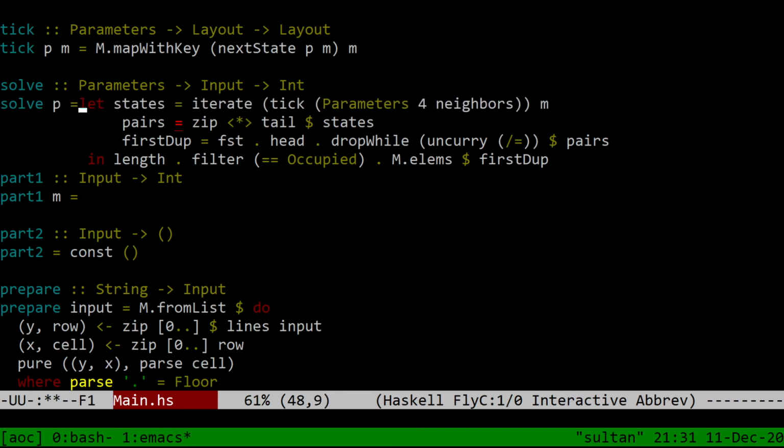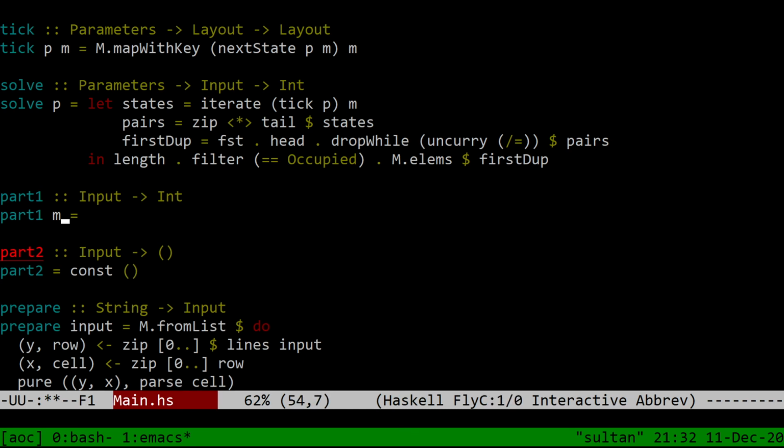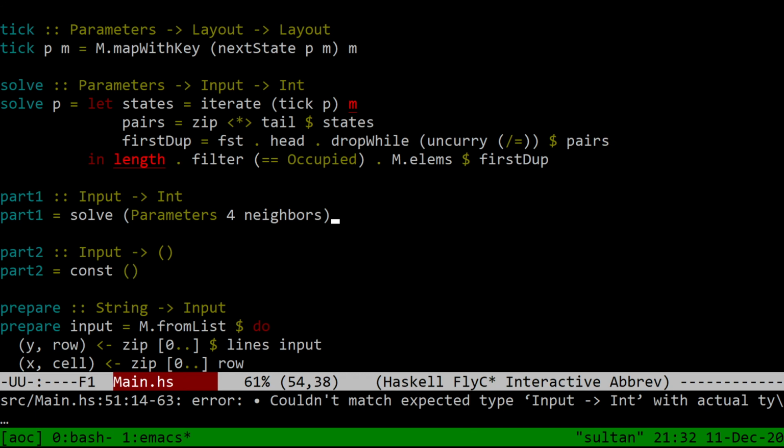Solve p equals, let's put the p here, and then part 1 is just solve of that. Where did my m come from?